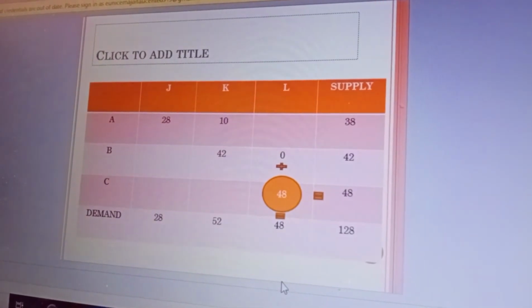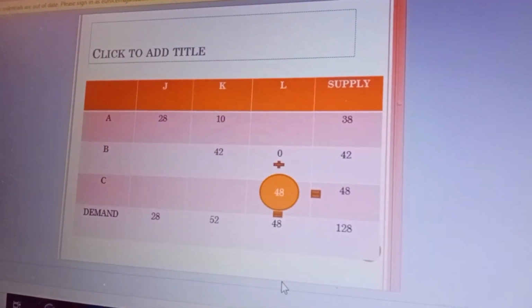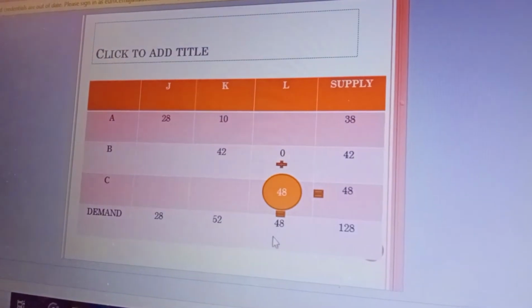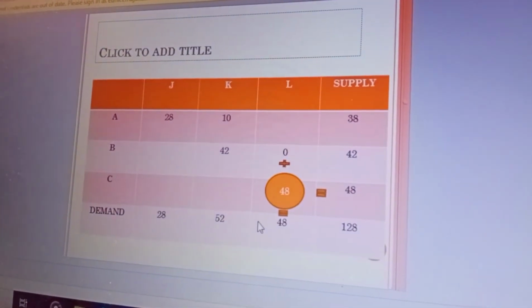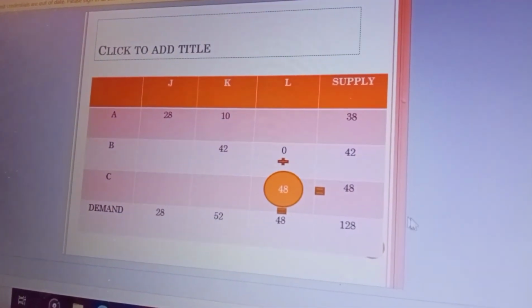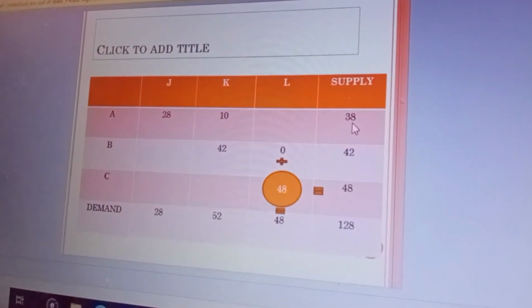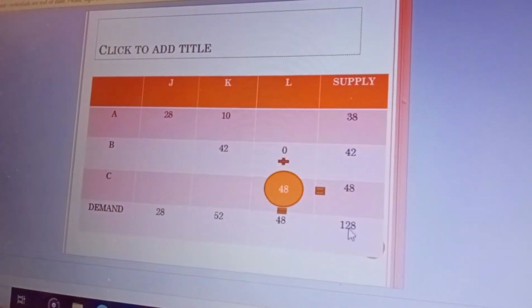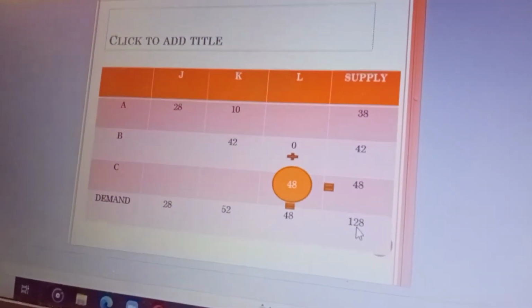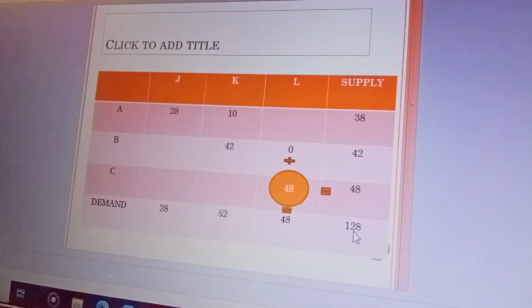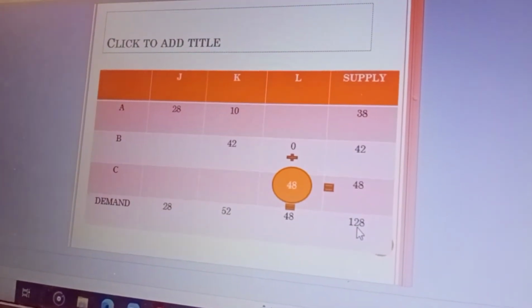But the technique here is you just copy the supply: 38, 42, 48, and 128, which is our given.